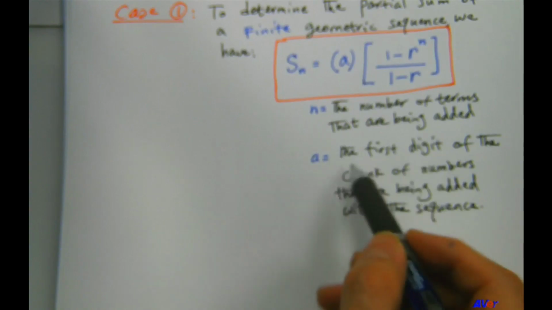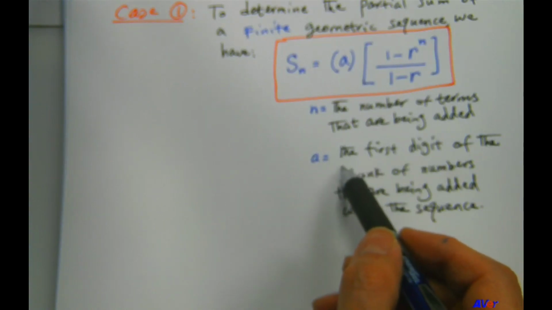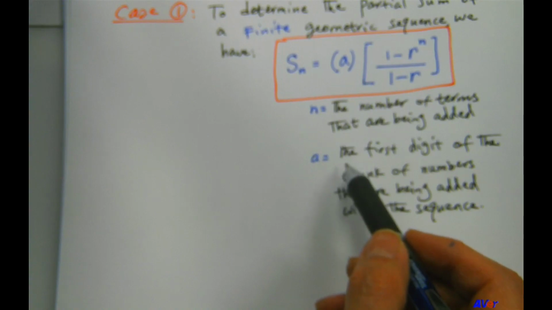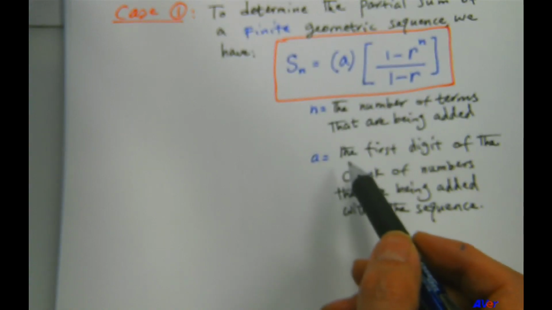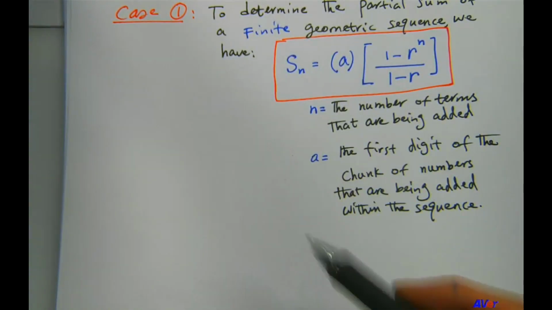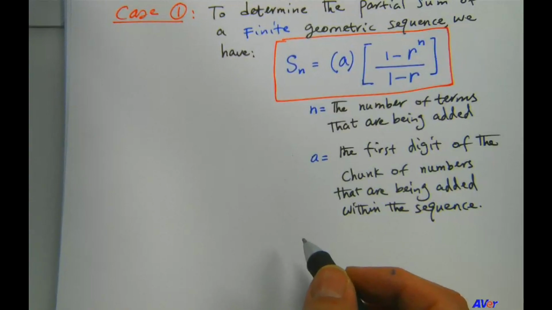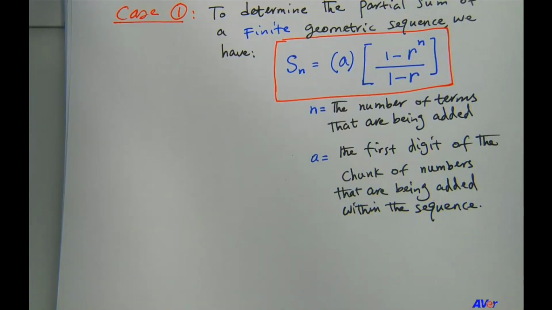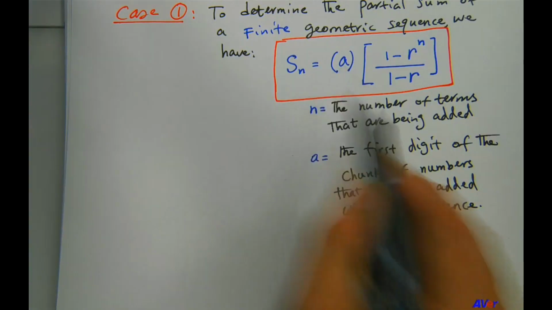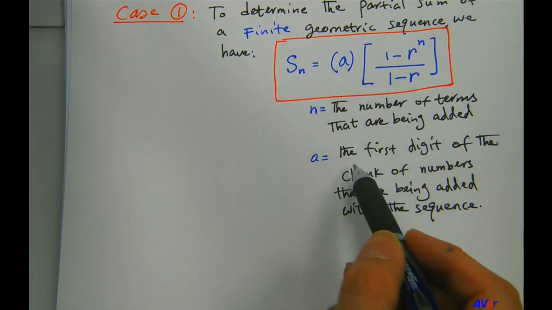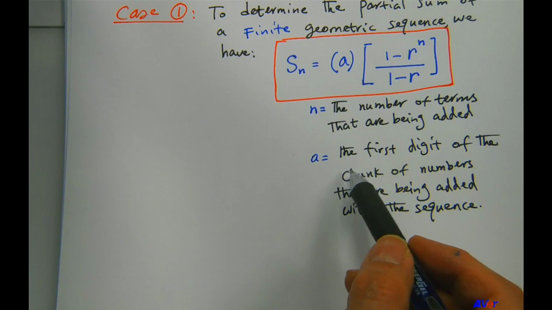So if you're adding, let's say, the fifth term through the 16th term, if you're not starting the addition from the first term in the sequence, but you're starting from the fifth or the sixth term right through all the way to the 16th term, then the first term in the partial sum is the fifth or the sixth term.